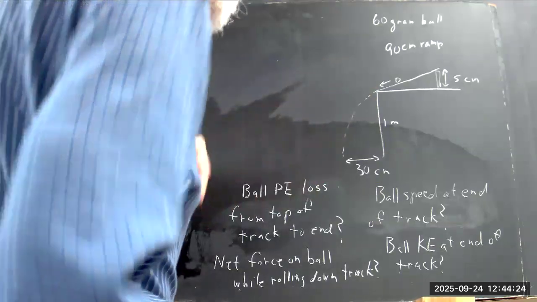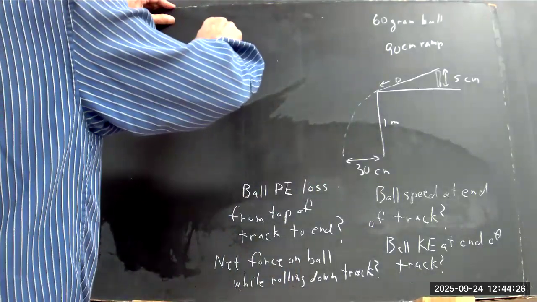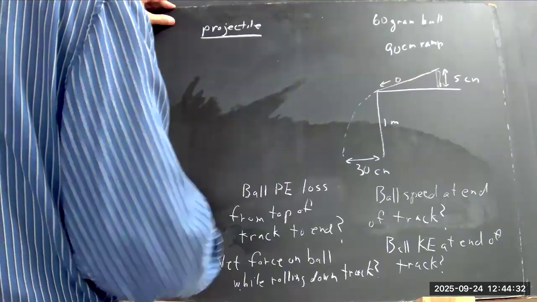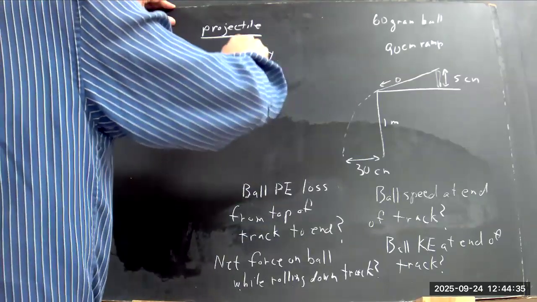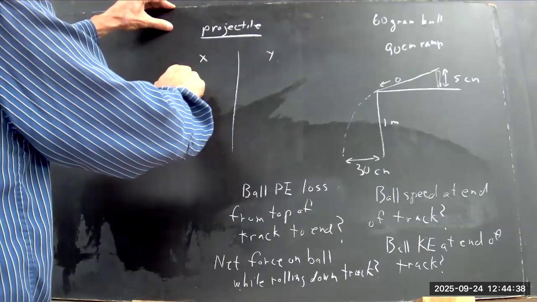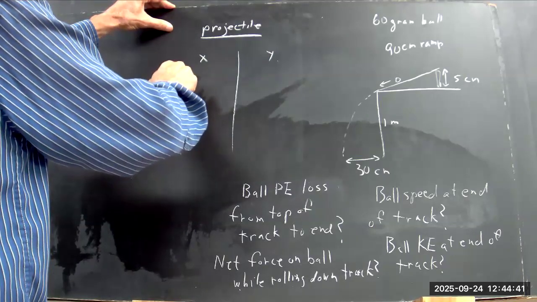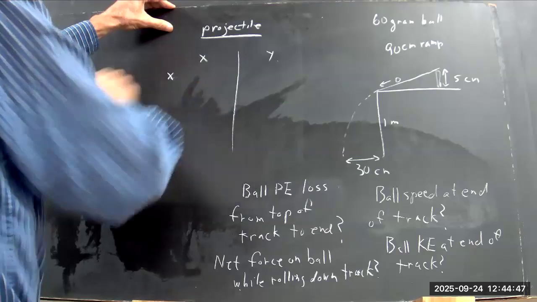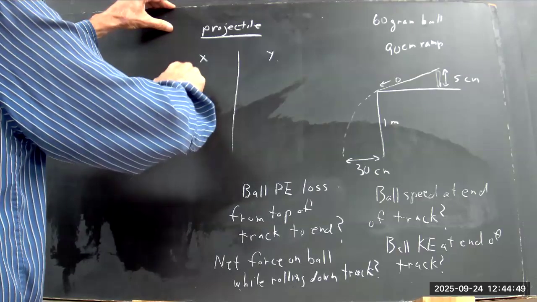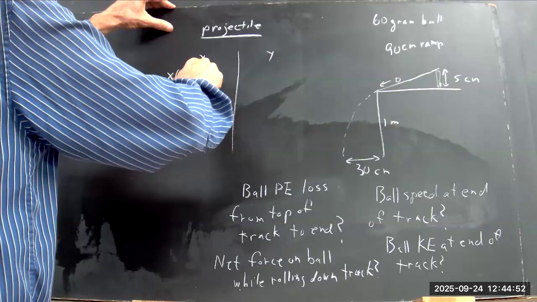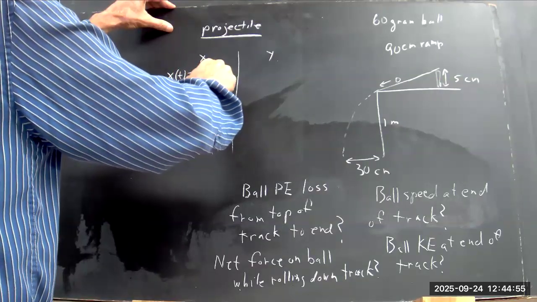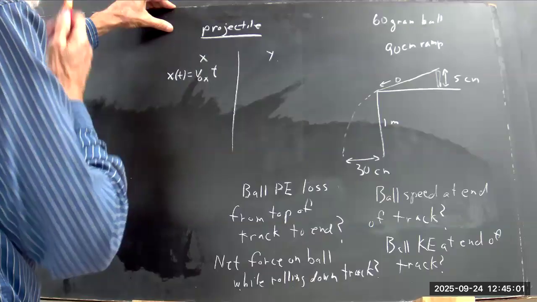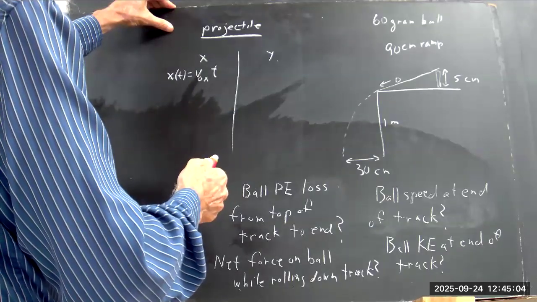So the first thing I do is analyze the projectile. What do we know about the projectile? We've got the X motion and the Y motion. So I'll just say delta X, or, I don't know if I want to do the function or an interval, but I'll do the function. Okay, so there's X of t. And what else do we know about the horizontal motion?